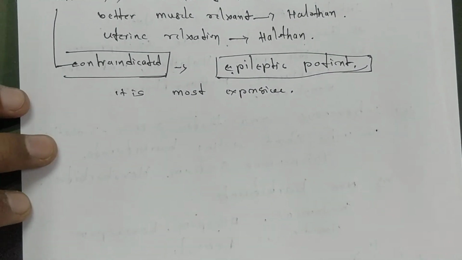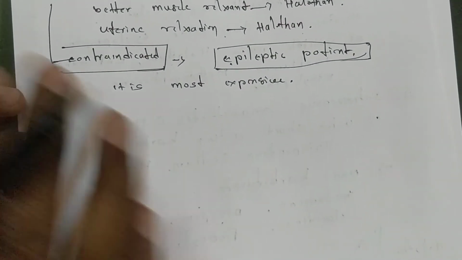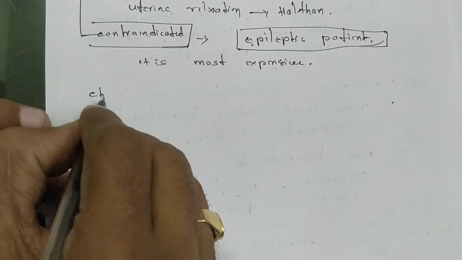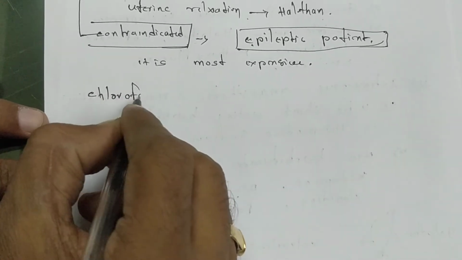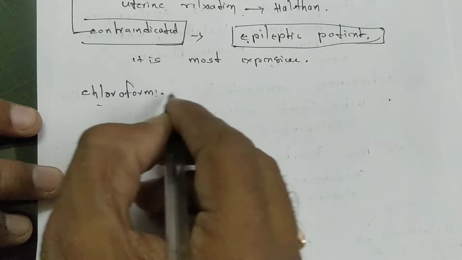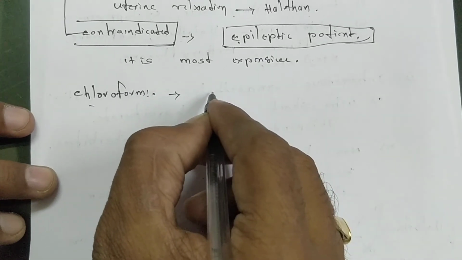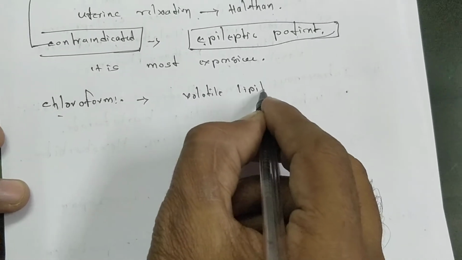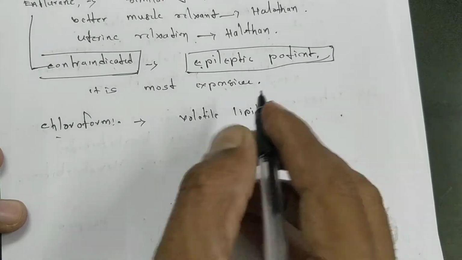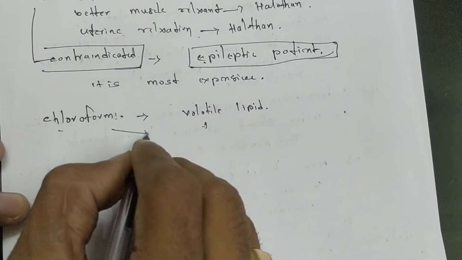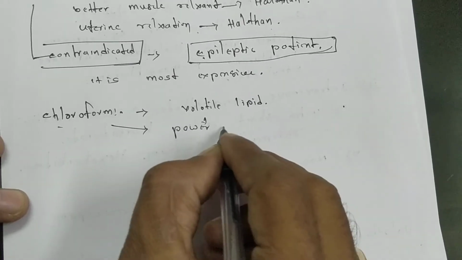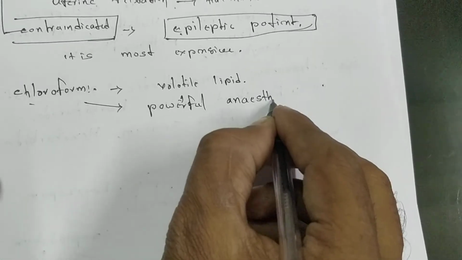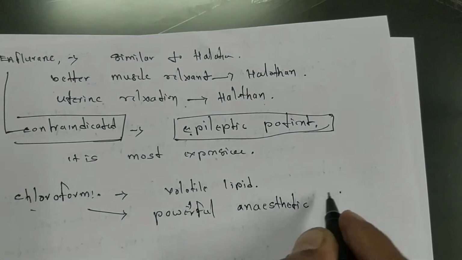Okay, now the next is chloroform. Chloroform is a volatile liquid, evaporated at room temperature, and it has the most powerful anesthetic effect.